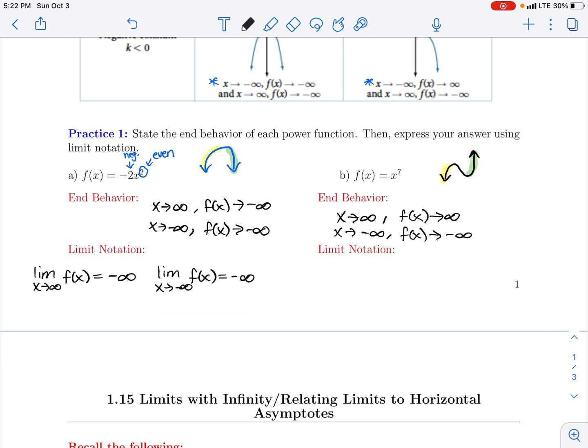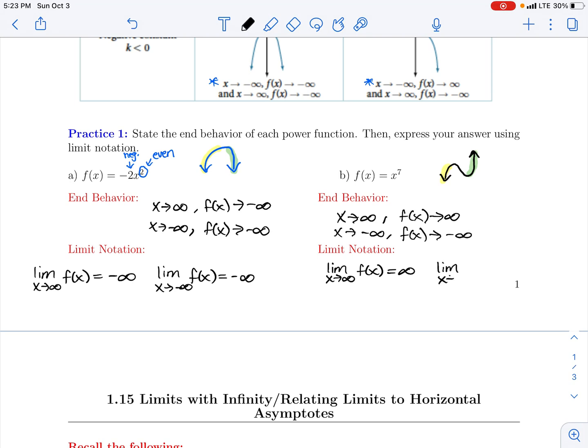Okay, because remember the limit tells us what value the function's approaching, or what the output values are approaching, right? And so, again, looking at this part, if I want to do the limit as x approaches infinity, looking right above, it says that my function is approaching infinity, so this would be the correct limit notation.